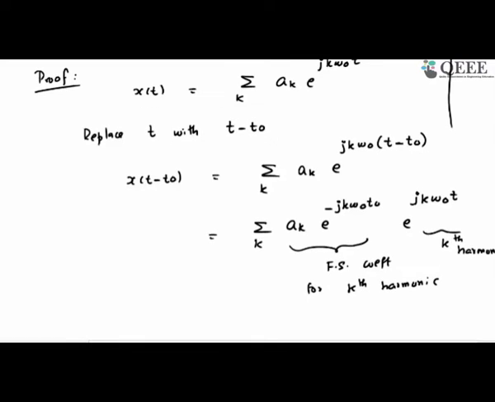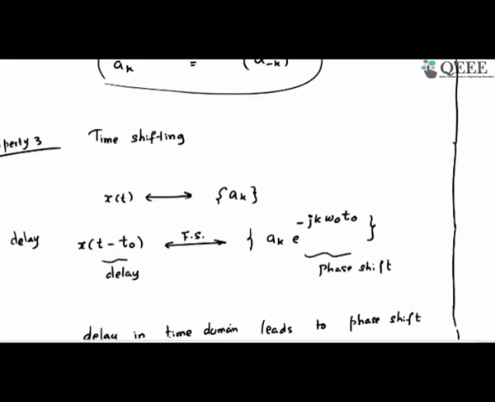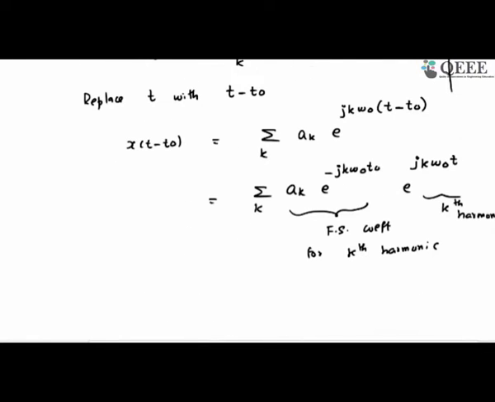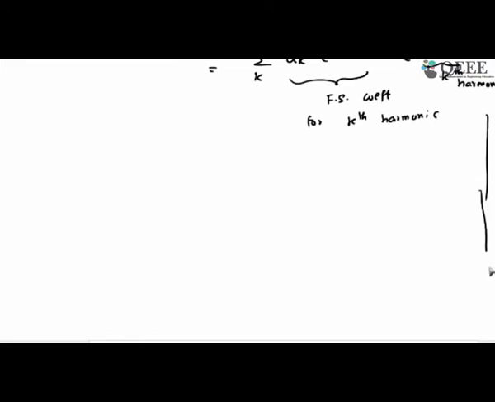So the Fourier series coefficient for x of t minus t naught is given by a k e power minus j k omega naught t naught. That is somewhat straightforward. Let us look at a few more properties.